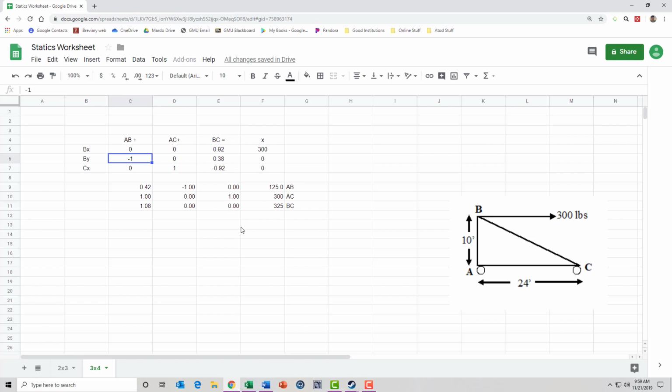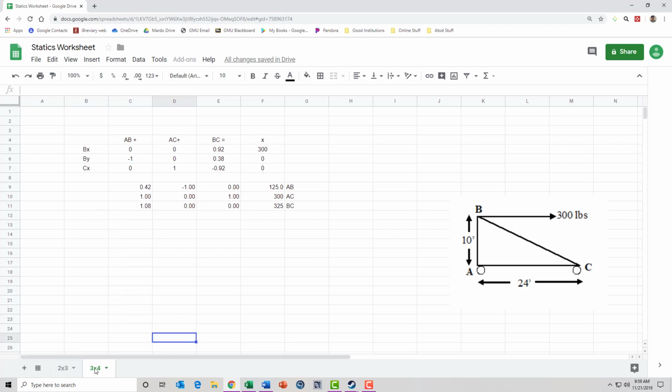Now, this is a 3×4 matrix, for 3 beams, so I went ahead and renamed it 3×4.